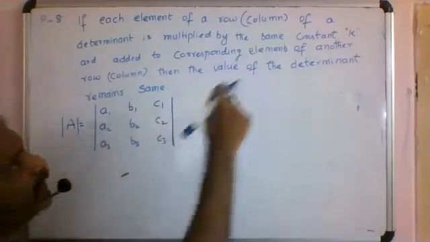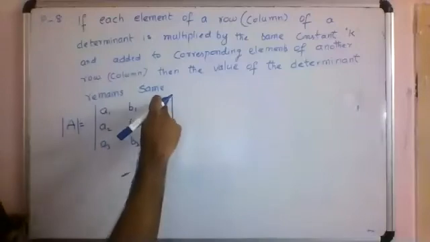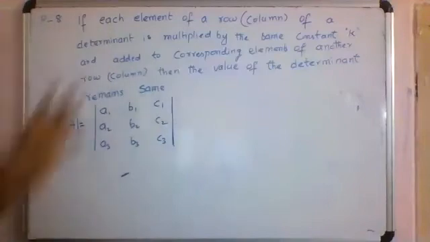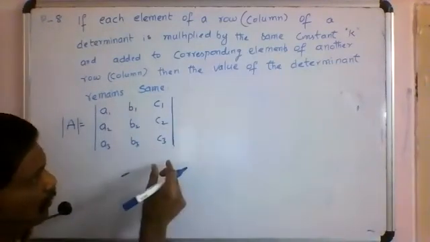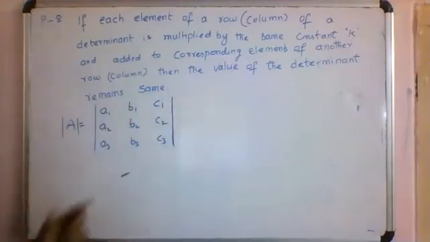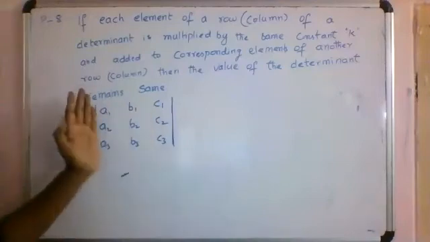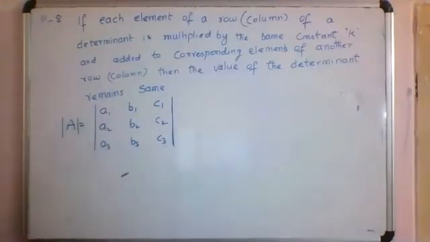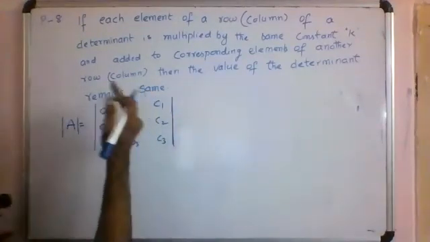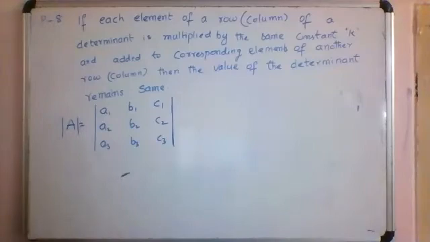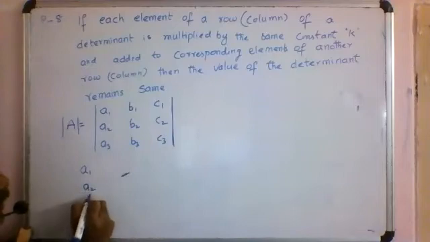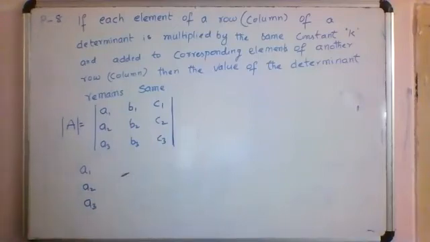If each element is multiplied by k and added to corresponding elements of another row or column, here I selected a column, so I have to add this to another column. Corresponding elements means another column's elements. So multiply these elements with k and add to the corresponding elements of another column. I am not involving A1, A2, A3 in the operation.